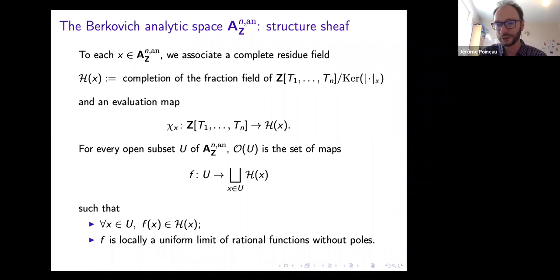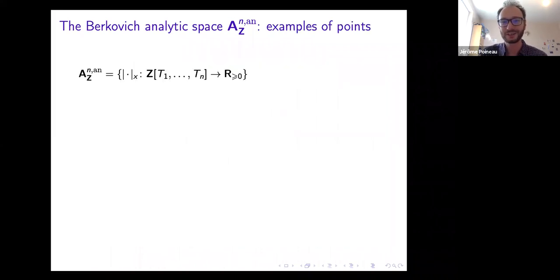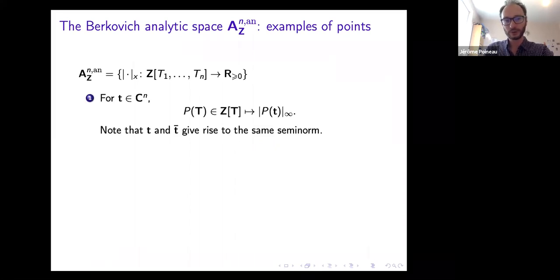I'll get back to the definition afterwards. I wanted to give an example of points, so let's do it now. First, we want a multiplicative seminorm. So here is an example. You take a point t in C^n, and you want a multiplicative seminorm on the ring of polynomials.